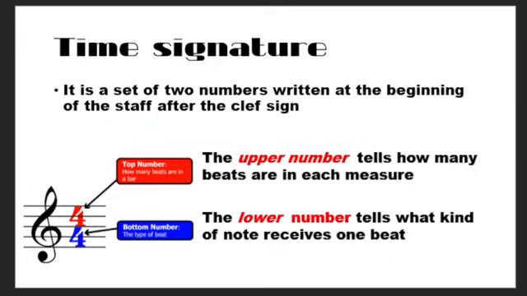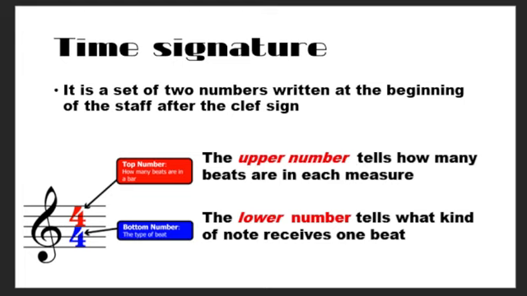Time signature is a set of 2 numbers written at the beginning of the staff after a clef sign. The upper number tells how many beats are in each measure, how many beats are in each bar. The lower number tells what kind of note receives one beat.